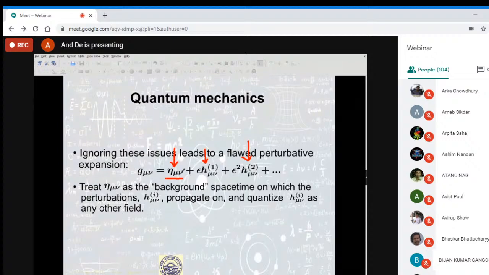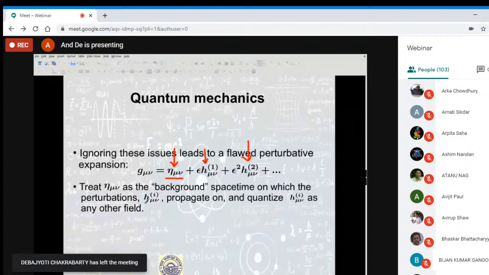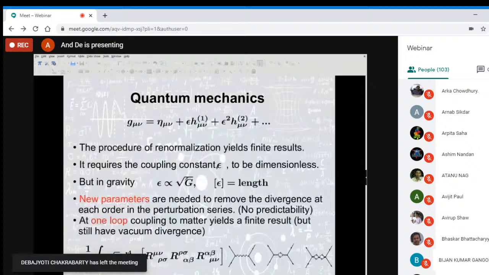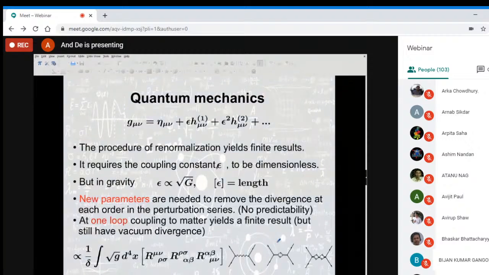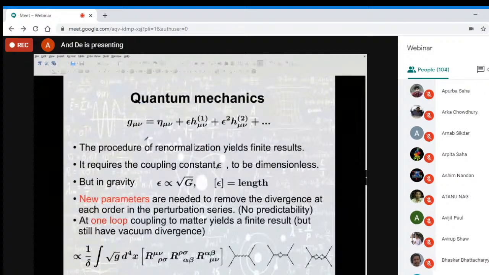All right, and then you try to quantize H1 like you do any field, electromagnetism, the strong and weak nuclear forces, all of those good fields. That's perfectly nice to try. But the problem is you pick up infinities when you try to make predictions from this theory. Now, in electromagnetism, these infinities can be tamed by a process called renormalization.